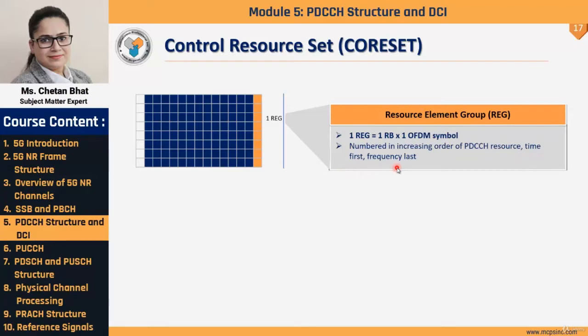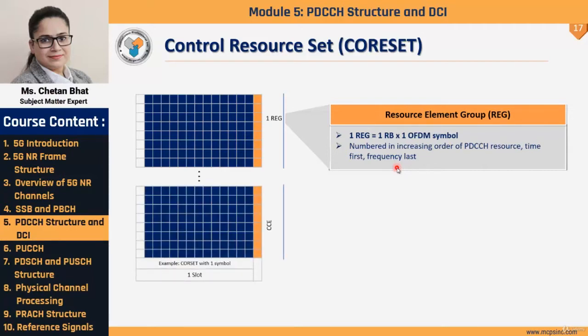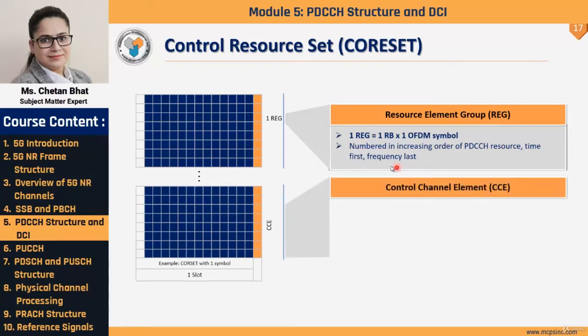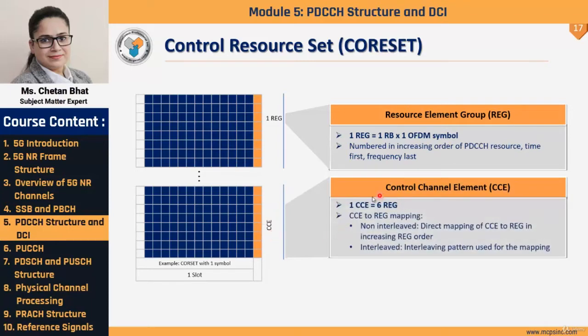However, when we talk about PDCCH in LTE, we had one symbol again for the 12 subcarriers. If we talk about the second concept, which is CCE or control channel element, then one CCE contains 6 REGs. In LTE, one CCE contained 9 REGs. Here it contains 6 REGs.